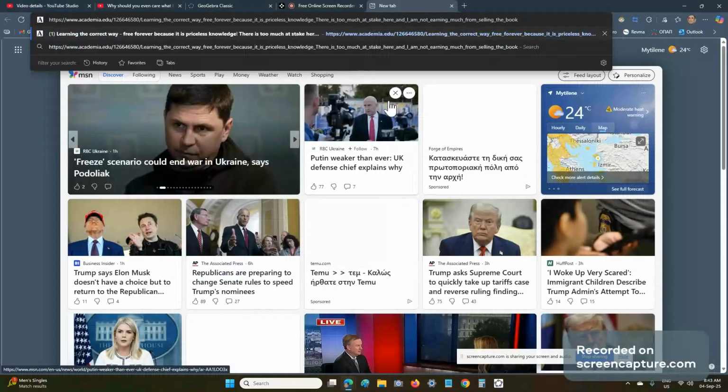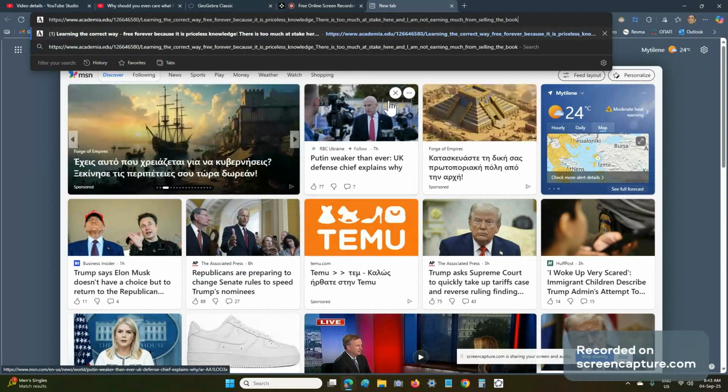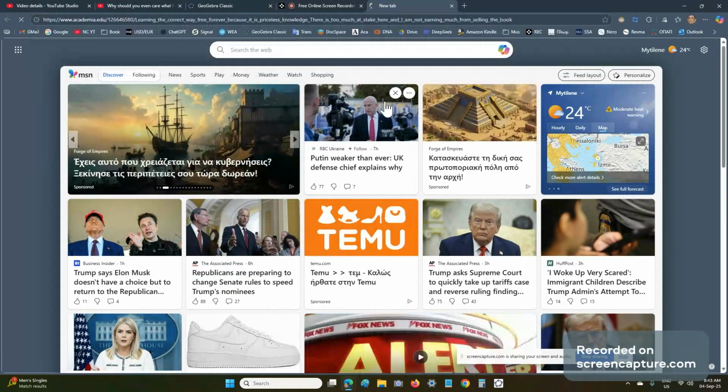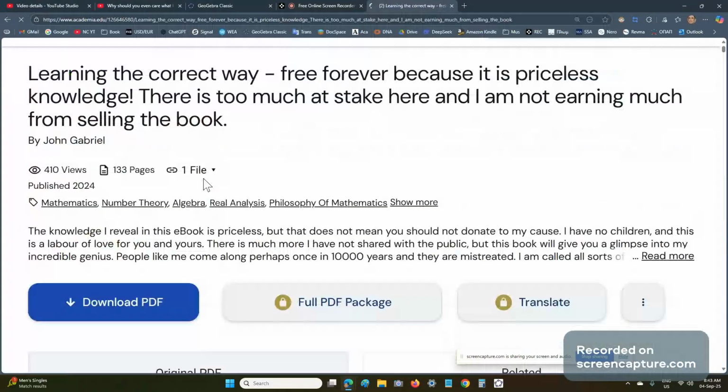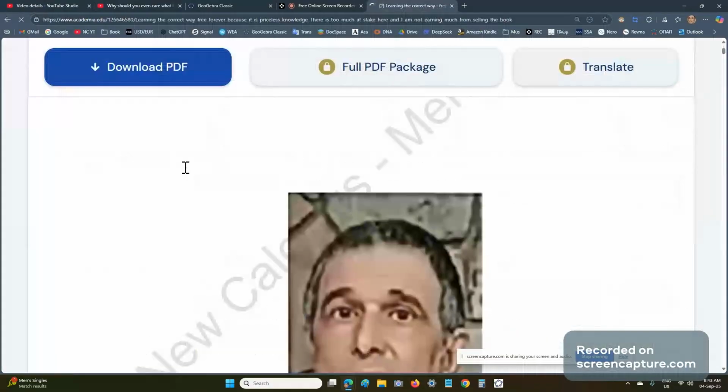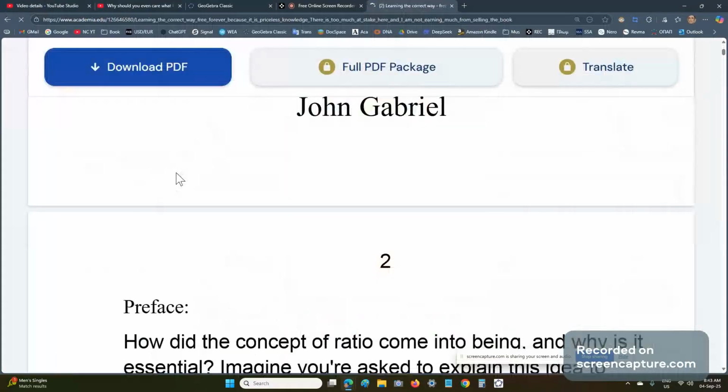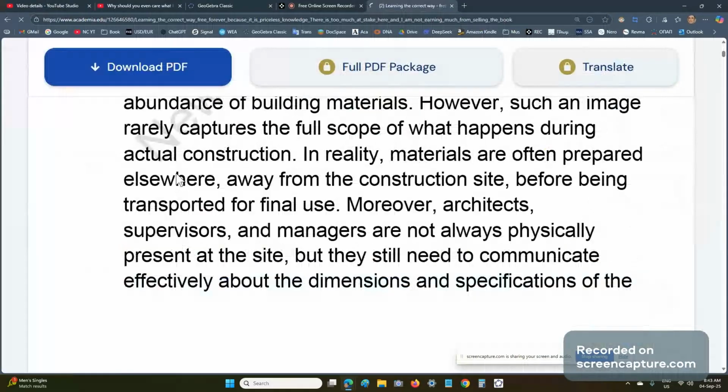You cannot just read this. It's very, very deep stuff. So you have to study it. Okay? It's not easy. And what it does is it gives you knowledge that you never would have realized. You can get the non-watermark version on Amazon.